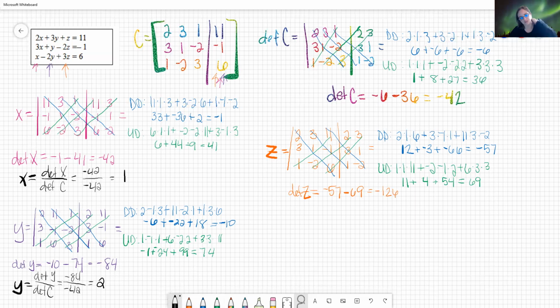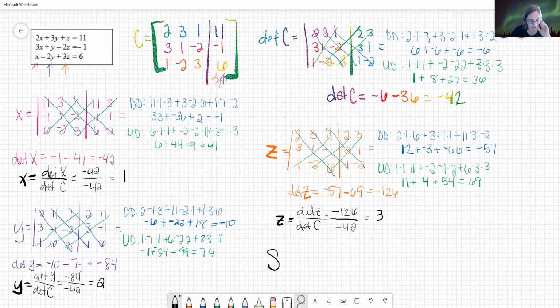Now that I have the determinant of Z, I can use it to find the value of Z. The value of Z is the determinant of Z divided by the determinant of the coefficients every time. The determinant of Z was negative 126. The determinant of C was negative 42. Negative divided by negative is positive. 126 divided by 42 is 3.